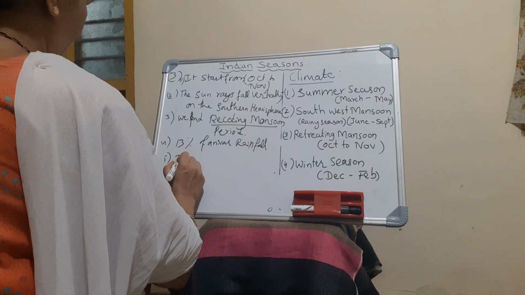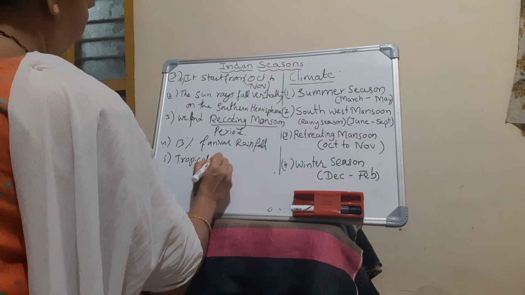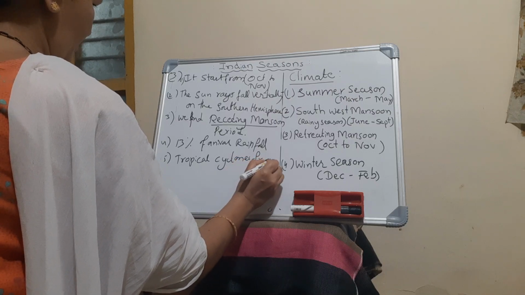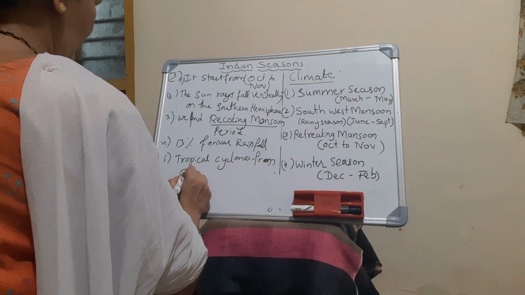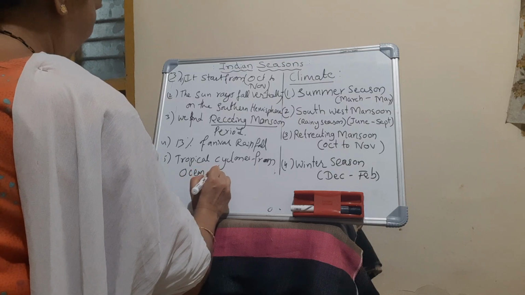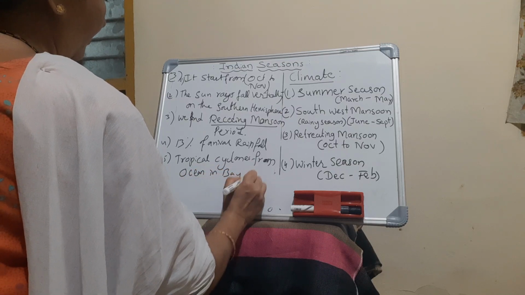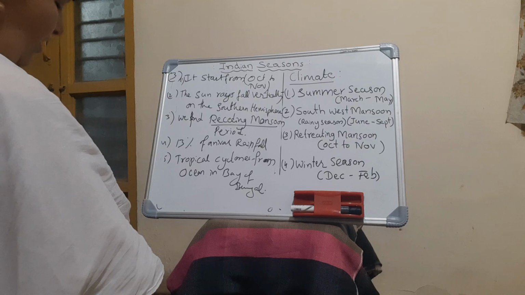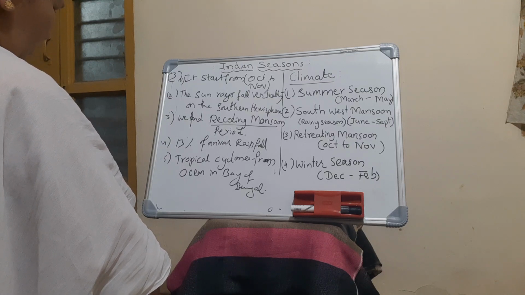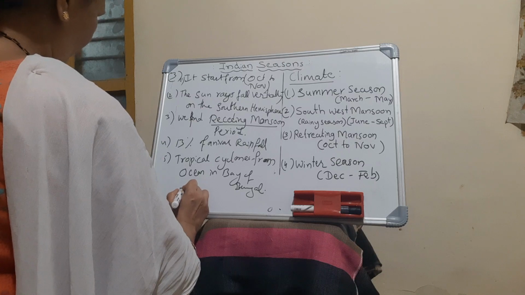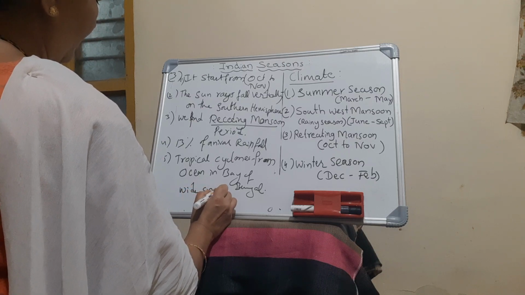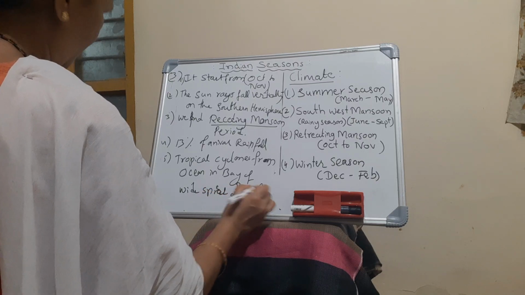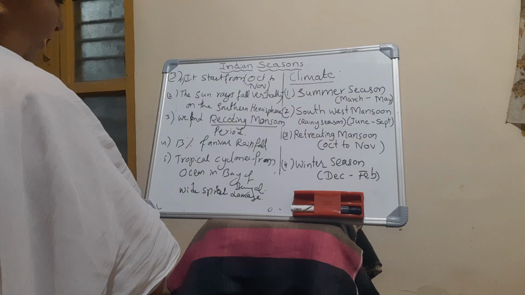Then fifth, tropical cyclones from the ocean in the Bay of Bengal. There we find widespread damage due to rain, and even for the coast.